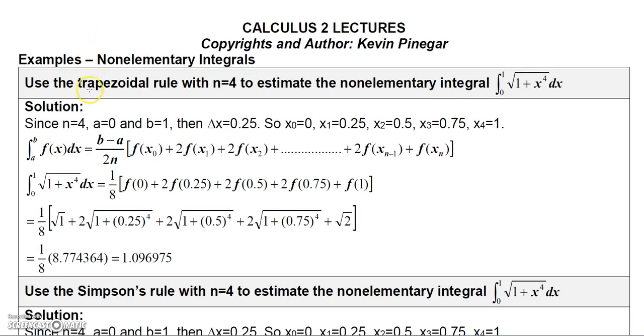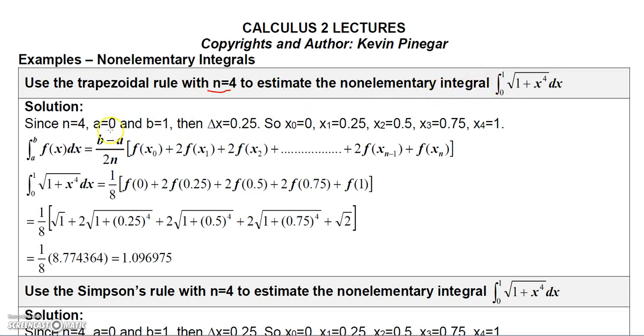So anyway, the square root of 1 plus x to the fourth dx, that's an integral that can't be integrated using algebraic techniques. So what I'm going to do is see if we can do this using the trapezoid rule with n equal 4.